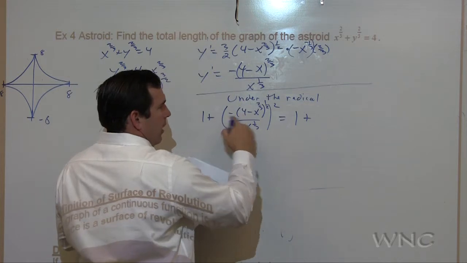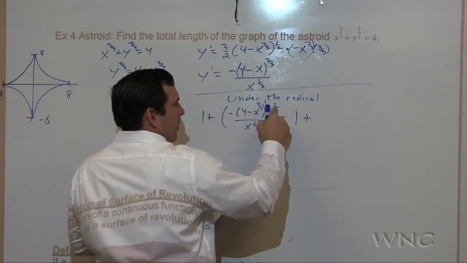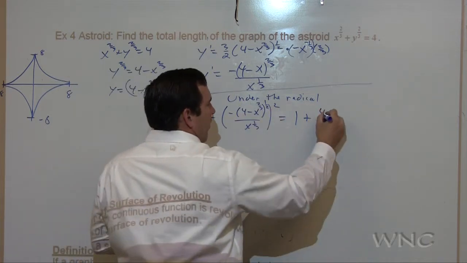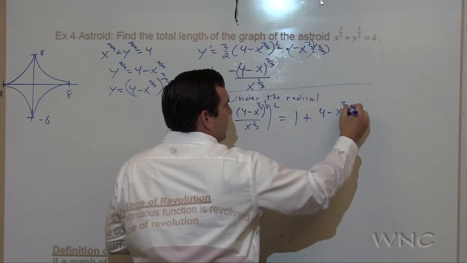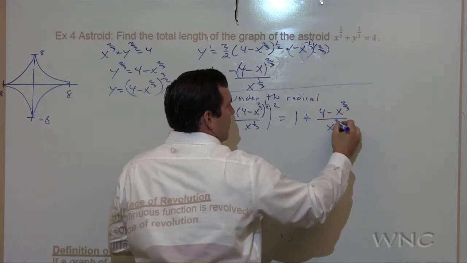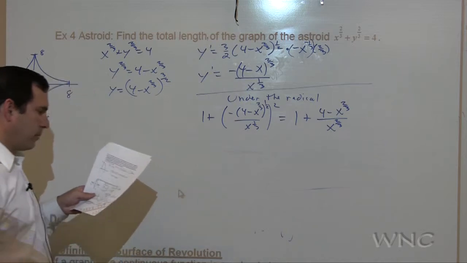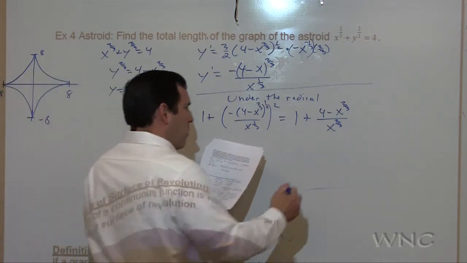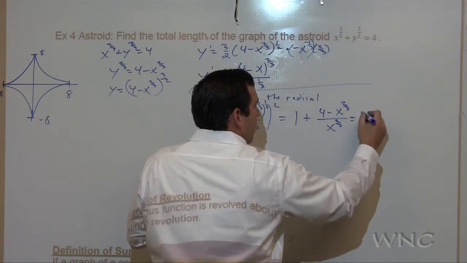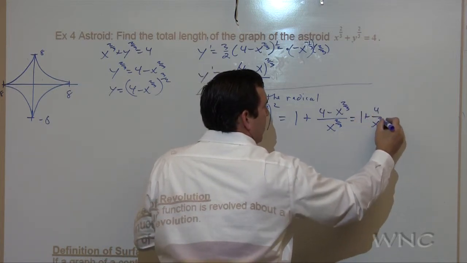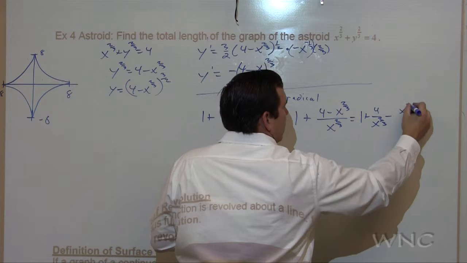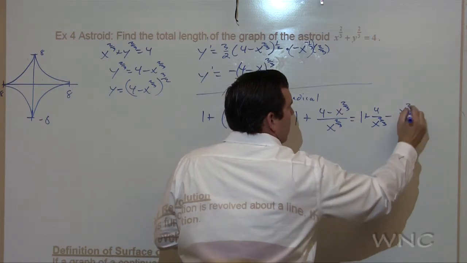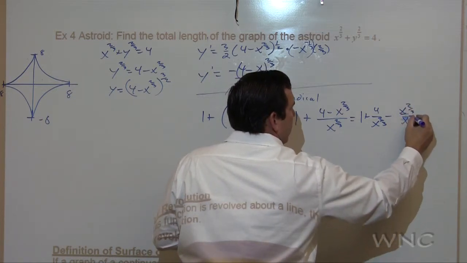The negative goes away, the 1/2 and the squared cancel, giving us 4 minus x to the 2/3, and down below we have x to the 2/3. So what we have here is 1 plus 4 over x to the 2/3, minus x to the 2/3 over x to the 2/3.